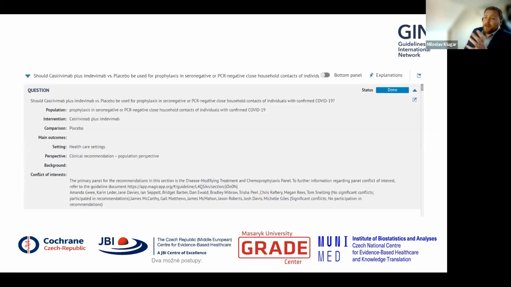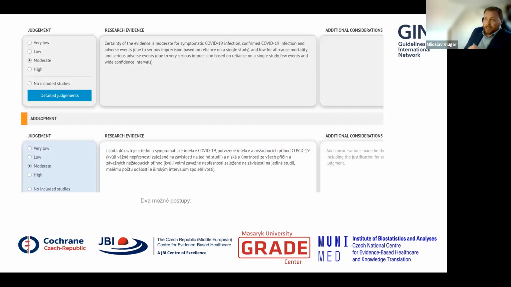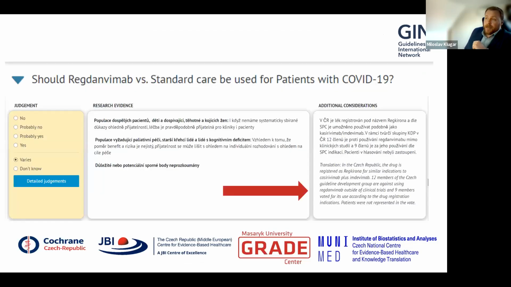And this is a final example of how it looks in GRADEpro. So this is the clinical question or guideline question following the PICO format, some background and basic information. And here finally is the updated research evidence. You see the translated one in this concrete case. And here was an example where something was necessary to change.